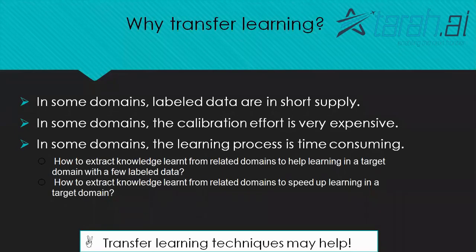It is in that background that we're also seeing the evolution of this concept called transfer learning. So you need to understand that a lot of times labeled data availability itself may be a big challenge.